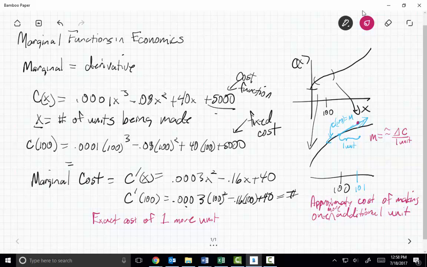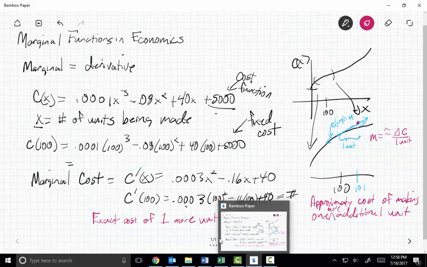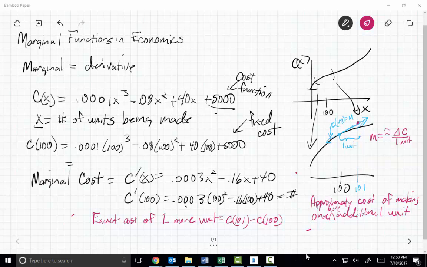Since I know that C of 100 is the cost of making all 100 units, this would equal C of 101, which is the cost to make 101 units, minus C of 100. This is equal to the exact cost of making the 101st unit. And we're set.